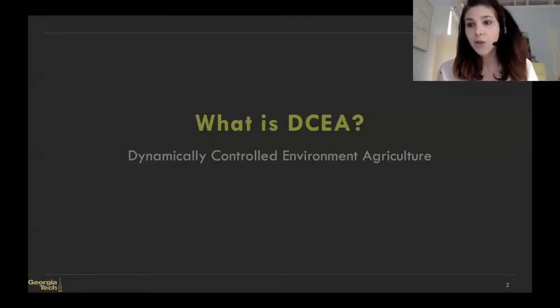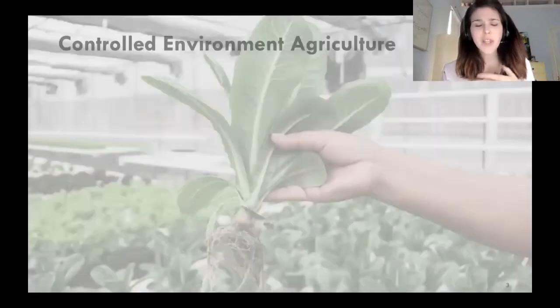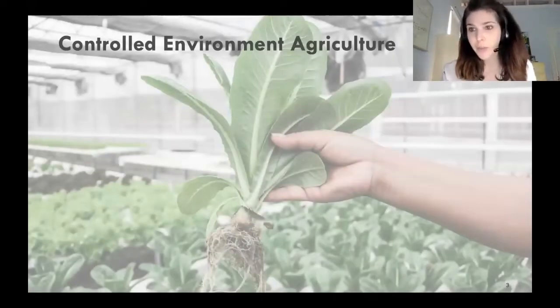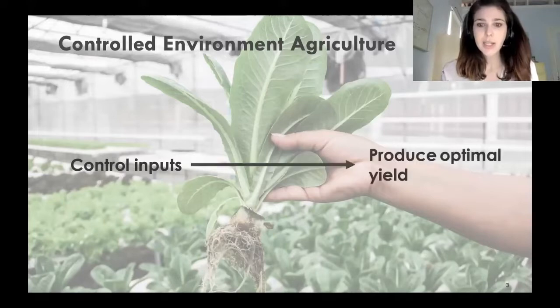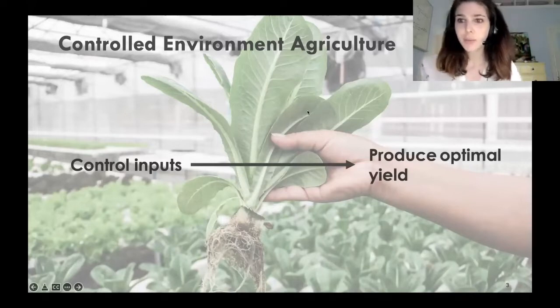When we think about controlled environment agriculture, as opposed to what we propose in the paper, dynamically controlled environment agriculture, we generally think of a tightly controlled environment where we're growing produce, controlling the inputs and the environmental parameters to lead to the best possible yield we can achieve with those inputs.